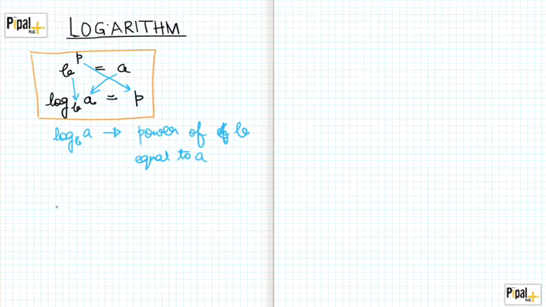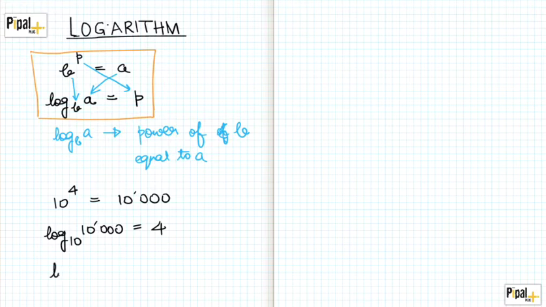Let's say we have a number 10 whose power 4 gives me 10,000. Then log base 10 of 10,000 is equal to 4. So 4 is the power, 10,000 is the result of this computation, and 10 is the base.